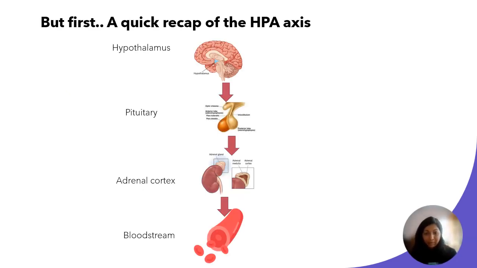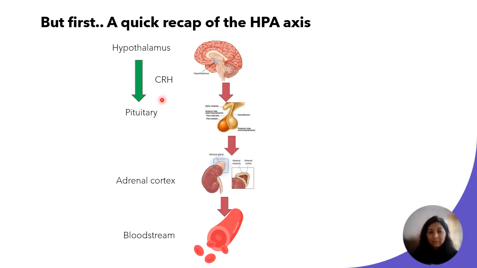Okay, so before we go any further, we're going to do a quick recap of the HPA axis, which stands for the hypothalamic pituitary adrenal axis. Okay, so let's go. So you've got the hypothalamus, the pituitary, and the adrenals. In this case, the adrenal cortex. So we're going to do this step by step. Okay, so the hypothalamus is actually the big boss, and it tells your pituitary what to do.